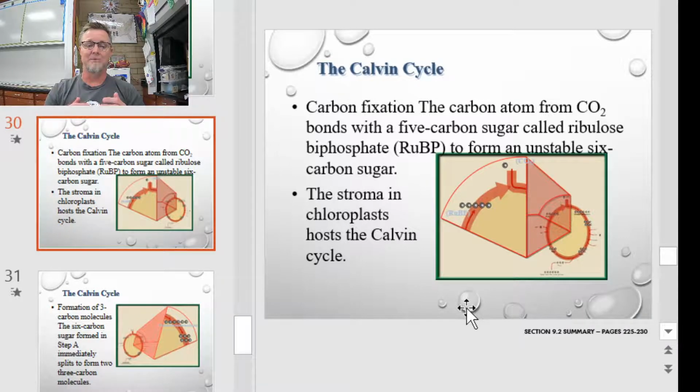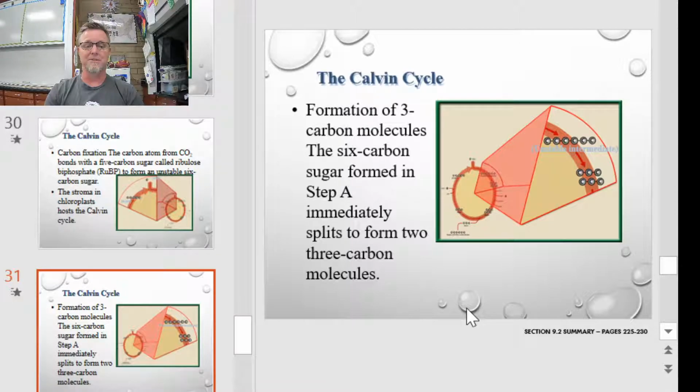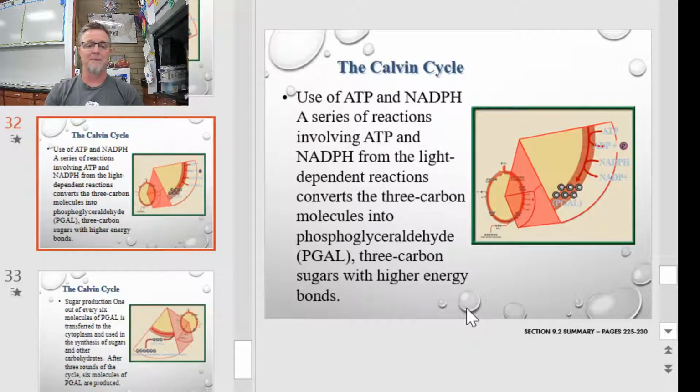That unstable 6-carbon sugar immediately falls apart, splitting into two 3-carbon molecules. That 6-carbon molecule does not last very long. Now we're going to use ATP and NADPH to power the continued movement of this cycle.